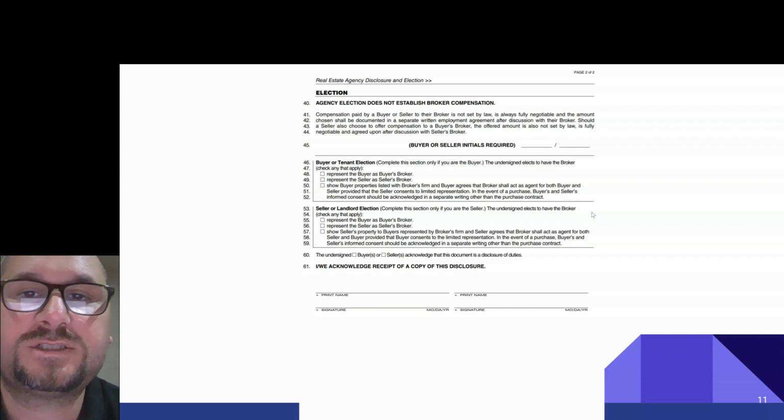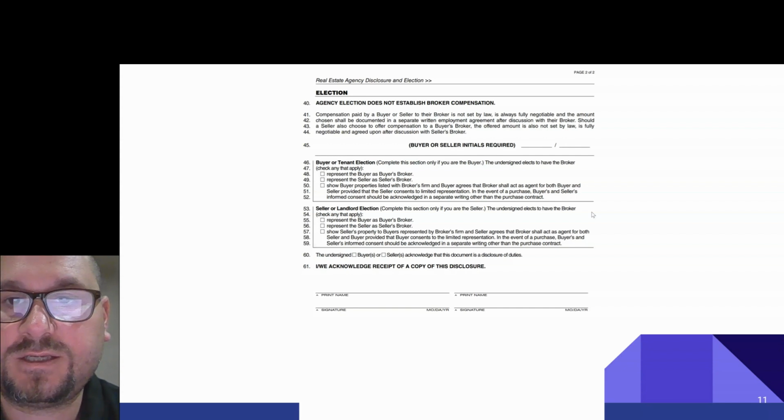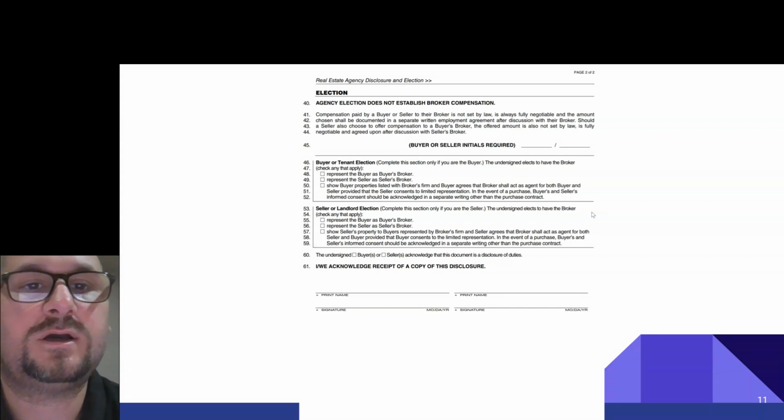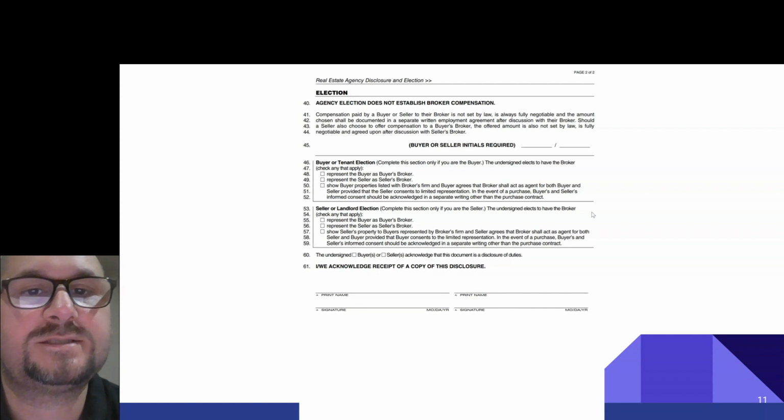So complete this section only if you are the buyer. The undersigned elects to have the broker check any that apply. So represent the buyer as buyer's broker. Are you going to represent the seller as seller's broker?